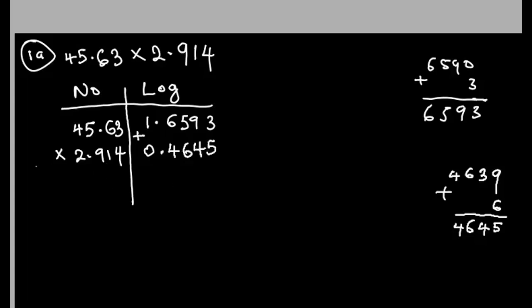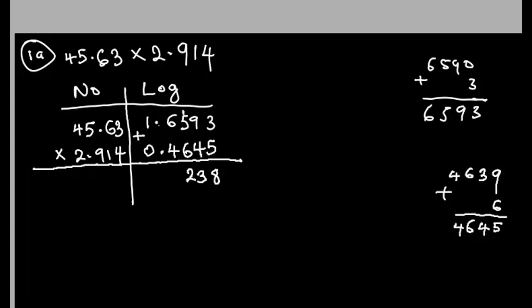Good. Now, finally, let's add these values. So 3 plus 5 gives us 8. 9 plus 4 is 13. Write down 3. Keep 1 here. Now 1 plus 5 plus 6 gives us 12.